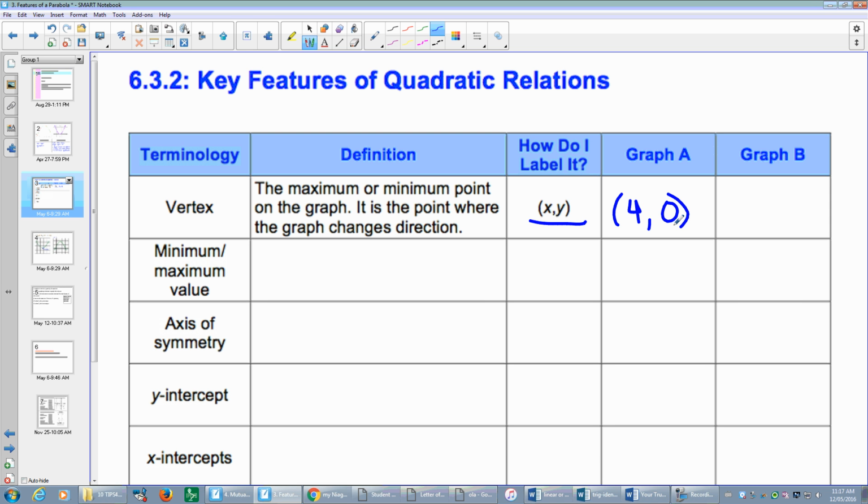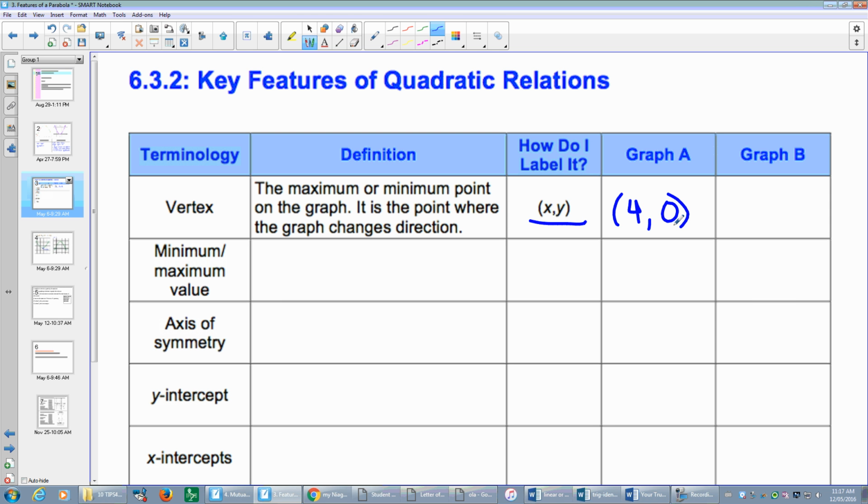The next one we have here, the maximum or minimum value. Technically, the graph will either only have one or the other. It will either have a maximum or a minimum value, and it's where it occurs on the graph. So you have to look at the graph and decide, is there a maximum point or is there a minimum point?